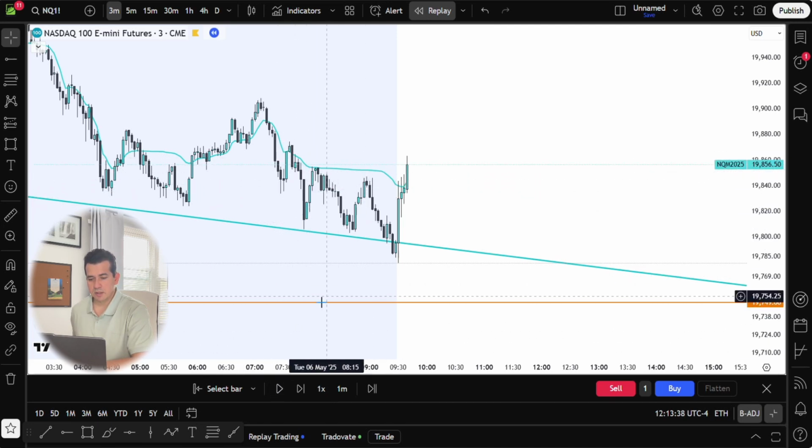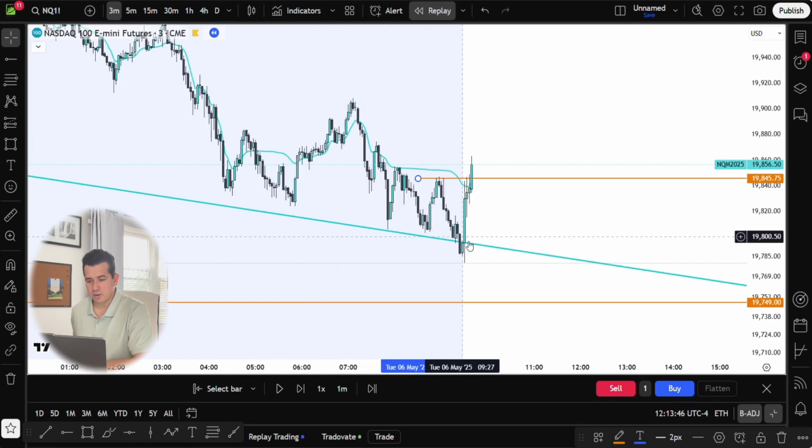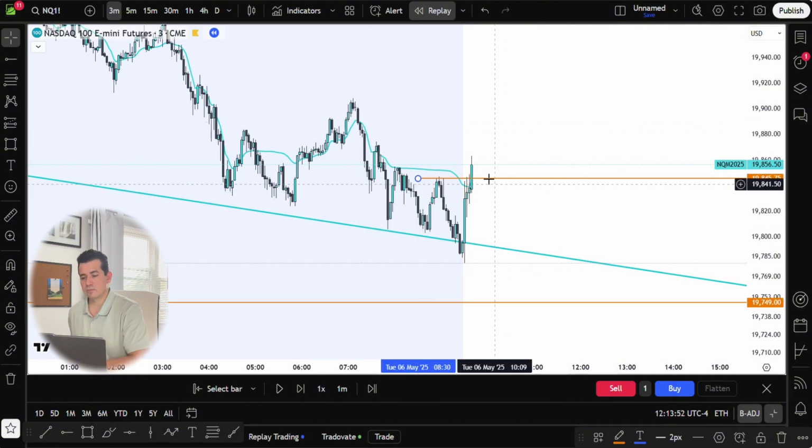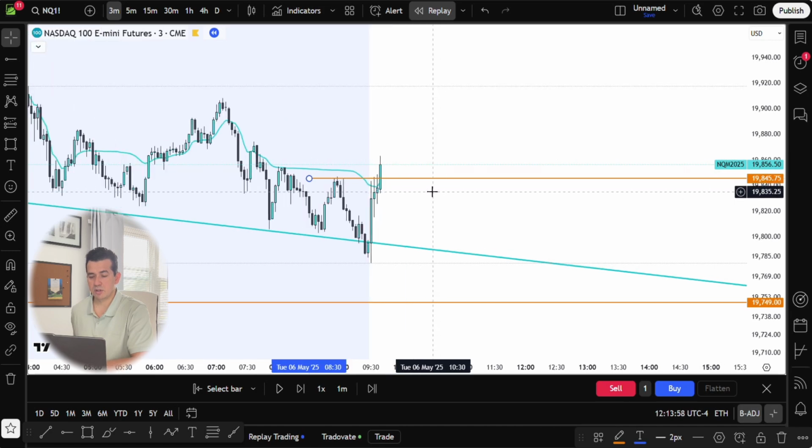So in this area, as you can see, let's mark this down here. It broke this high, and the market's trending down, but it broke this high right here. So it looks like, for a lot of traders out there, the market wants to go up.